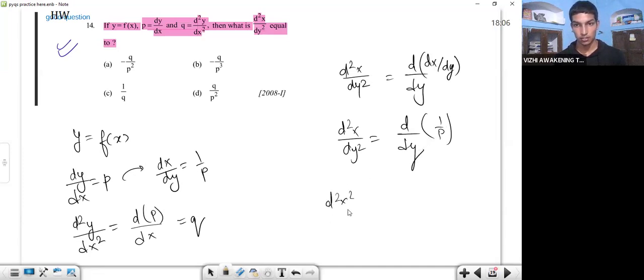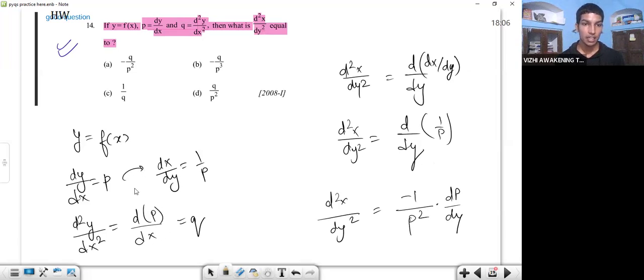So let's further differentiate 1 by p with respect to y. P raised to power minus 1, the power comes ahead, minus 1 by p square into dp by dy, because we are differentiating with respect to y. So what is dp by dy?